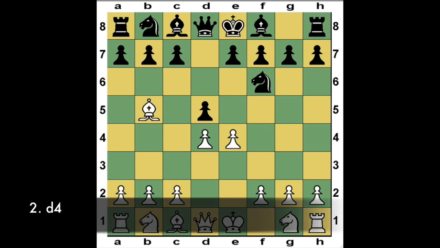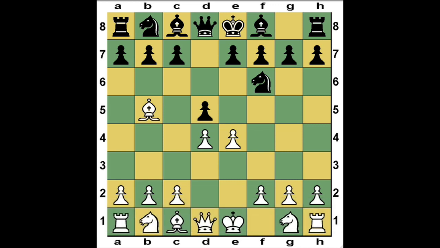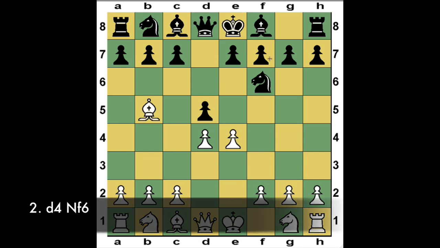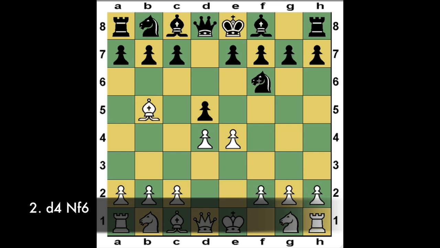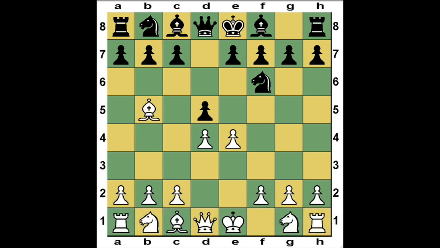D4, 2 because it was his second move. And then black moved knight to F6. This square is named F6 for the intersection of the F file and the 6th rank. And that move is simply written Nf6.